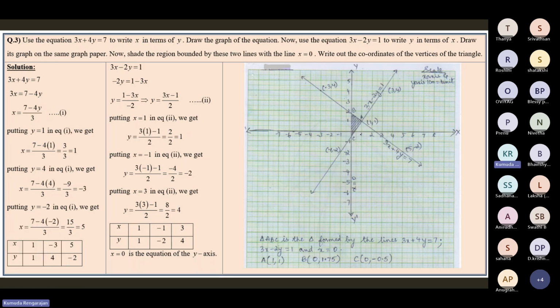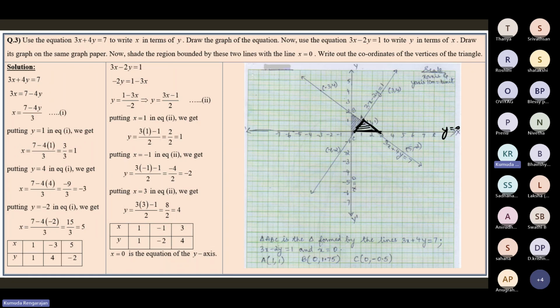Now, supposing you had to shade the triangle bounded by the two lines and the x-axis, that is y is equal to 0. This is y is equal to 0 because on the x-axis, y is always 0. So if you had to shade the triangle bounded by the two lines and the x-axis, then it will be this triangle. See, this is the x-axis. This is the part of one line.